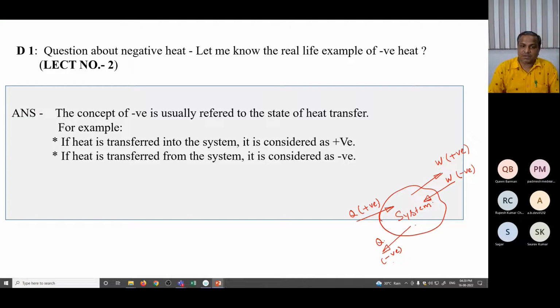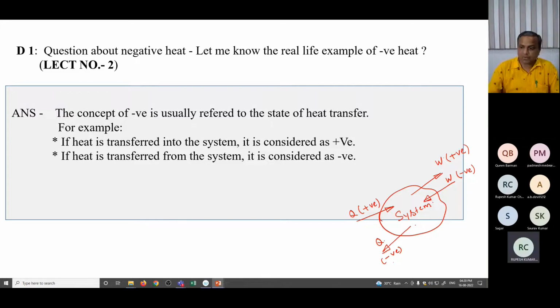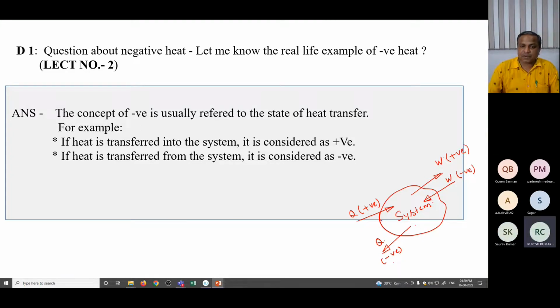However, the magnitude of work or heat transfer remains the same. So one should not get confused by looking at the direction of the arrow mark. In real life, what is negative heat?